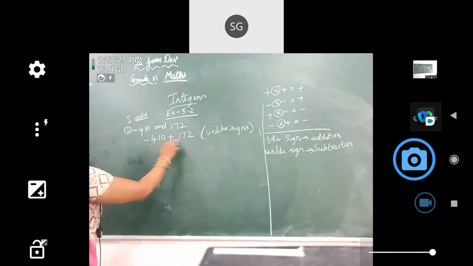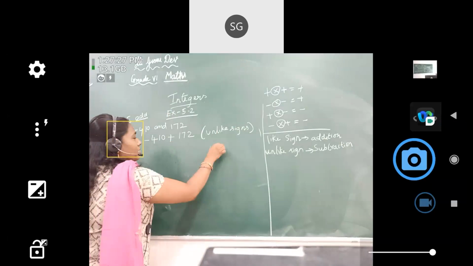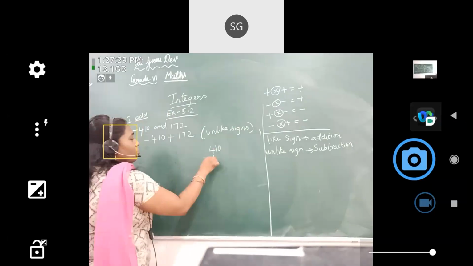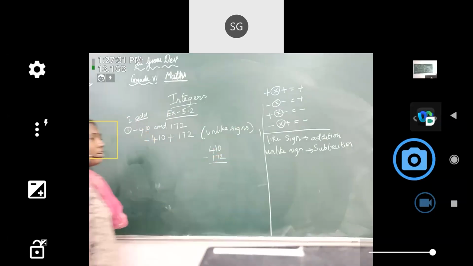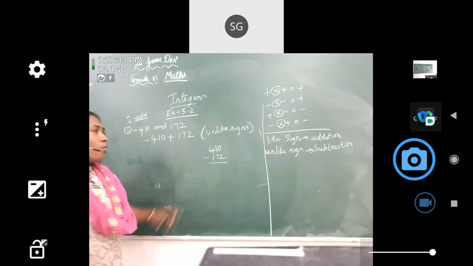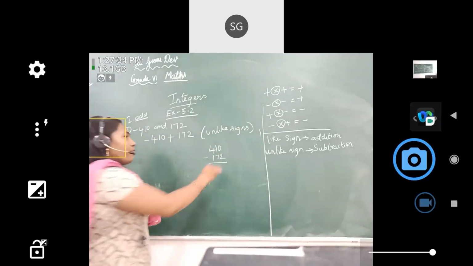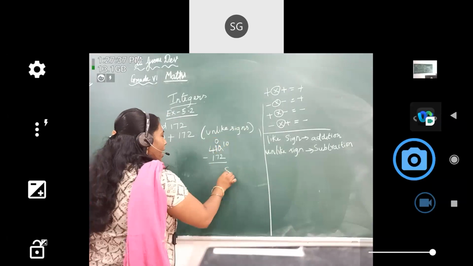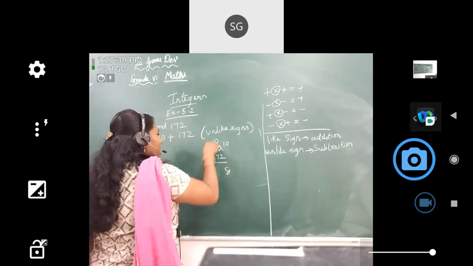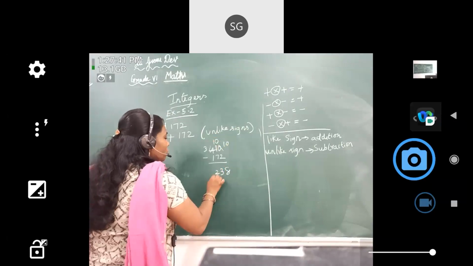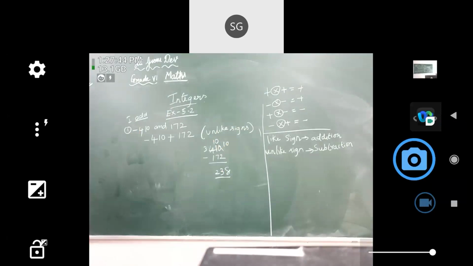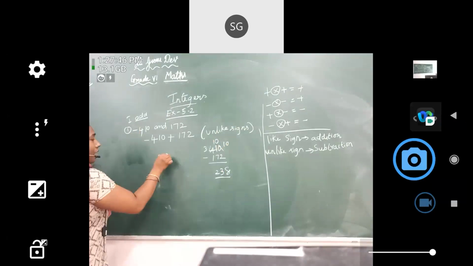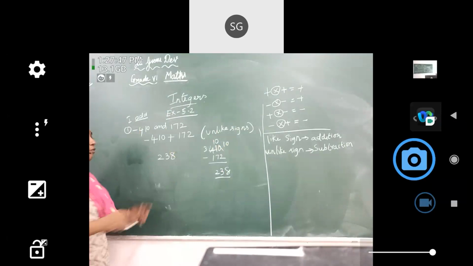So just take the absolute value. This is 410. Find the difference. What is the difference? This becomes 0, this becomes 10, 8, and this is 3 and 10. 10 minus 7 is 3. 238. So this is the answer for the numerical part.